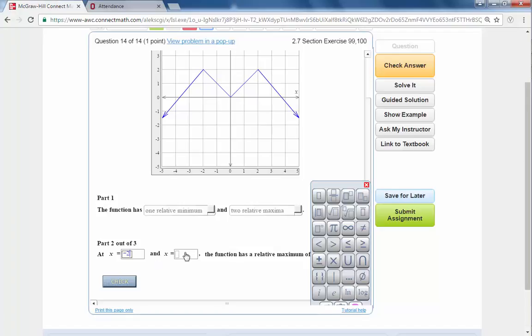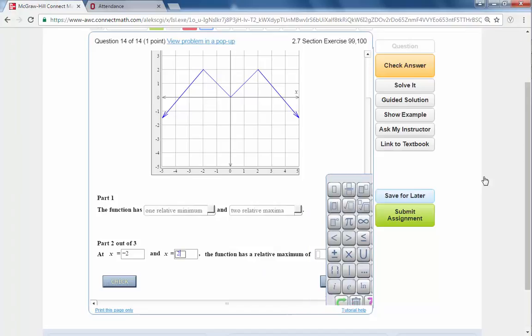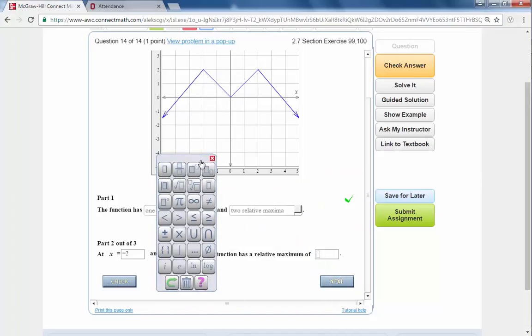Where is the other one? 2. The other one is at 2. And the values happen to be the same. Look at the height of both mountains. They are equal, right? They are equal and that height is 2. So you just need that single maximum value.